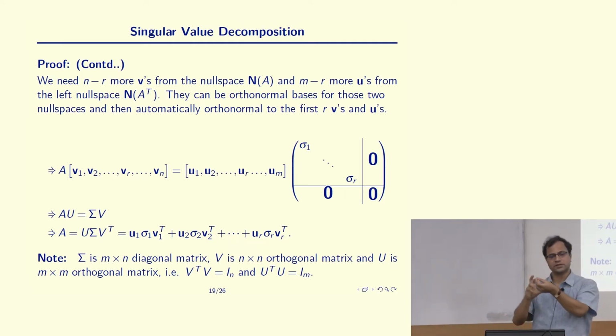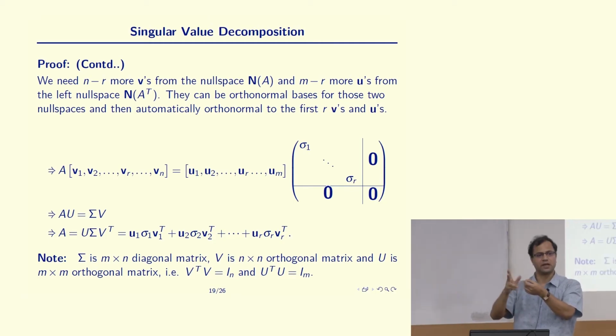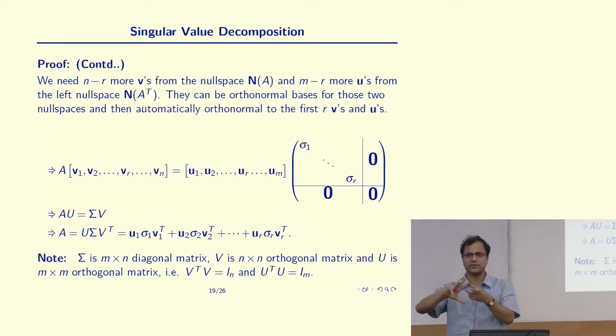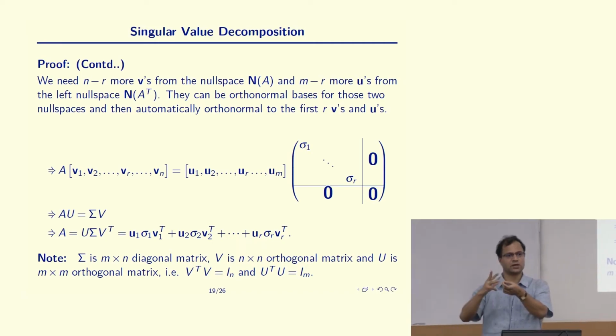Or you just solve the equation for the null space of A transpose. You find the basis vectors for the null space of A transpose, and then you get an independent set of vectors which are orthogonal to the vectors in the column space.